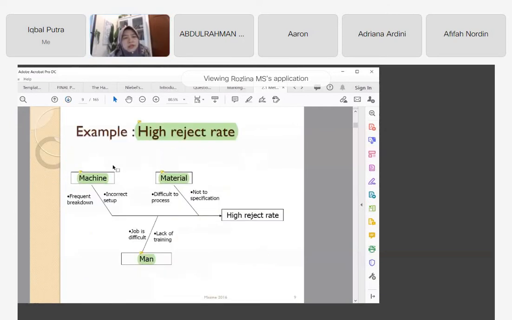Okay, this is an example of how to identify the case that you want to do method study on. Let's say this is a product with high reject rate. So you do, what is the name of this analysis tool?